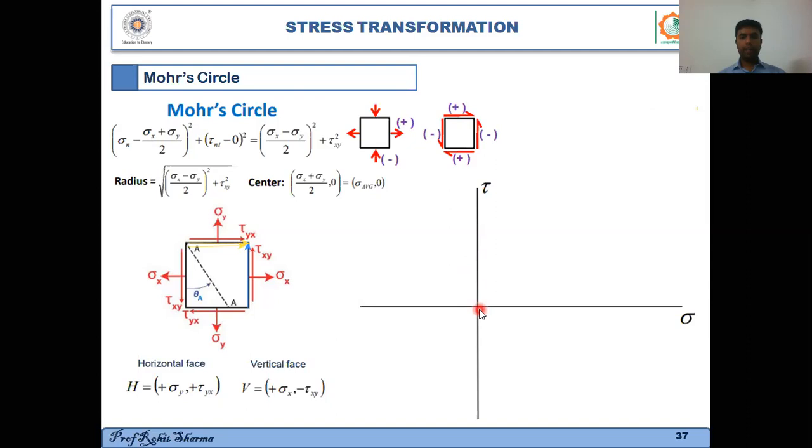Again, normal stress is positive on the right hand side of this point according to the normal sign conventions, and negative on the left hand side. Shear stress is positive on the upside of this point, and similarly negative downside, right?